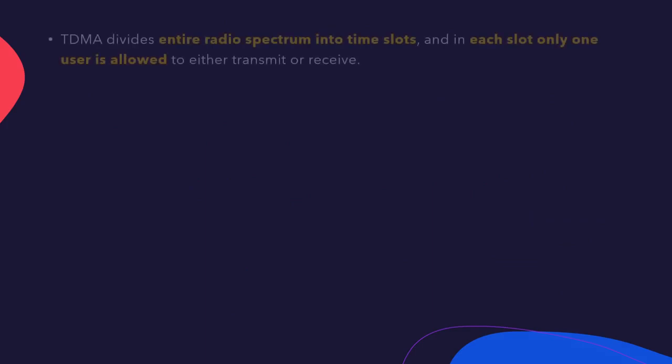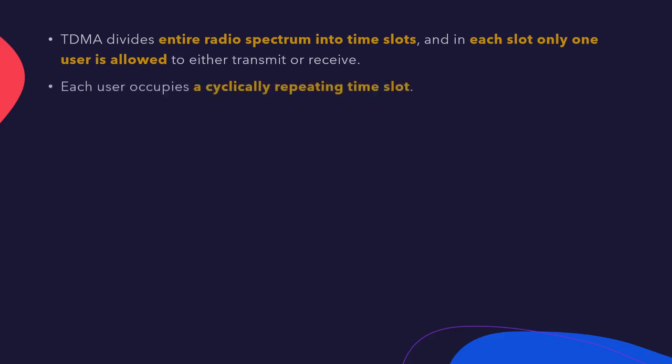The first thing we need to understand in TDMA is that TDMA divides the entire radio spectrum into time slots, and in each slot only one user is allowed either to transmit or receive. That is the first thing we need to understand about TDMA. Then each user occupies a cyclically repeating time slot, which means that, for example, we have 10 users in TDMA.